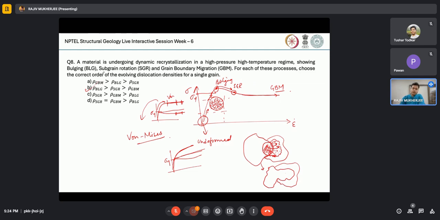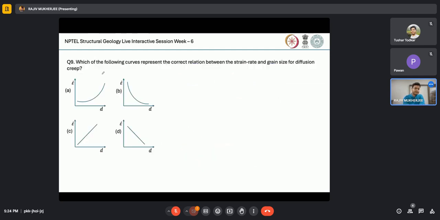Okay, so moving on to the next question. Which of the following curves represent the correct relation between the strain rate and grain size for diffusion creep? Four curves have been given. Which of them is the correct answer?